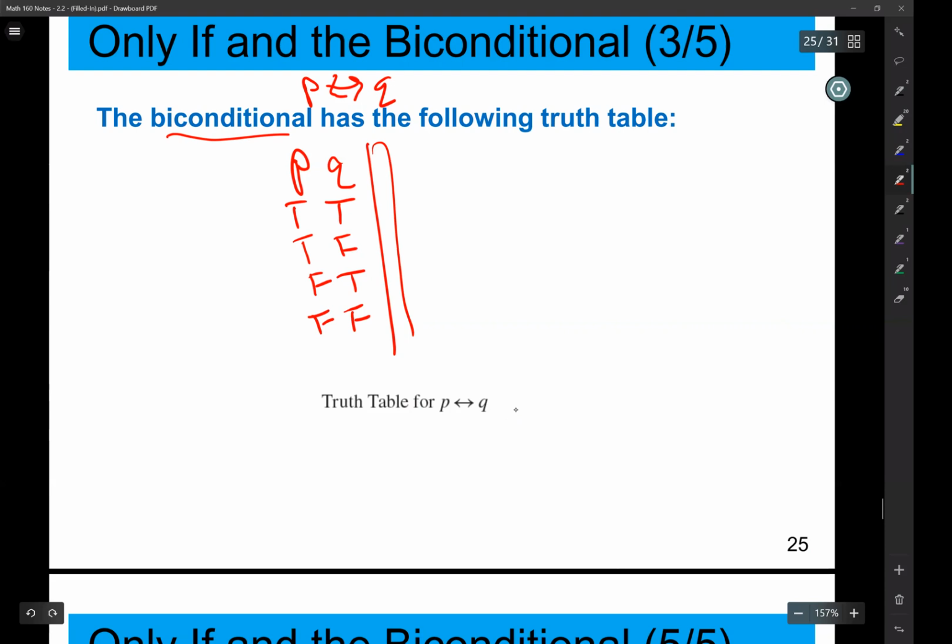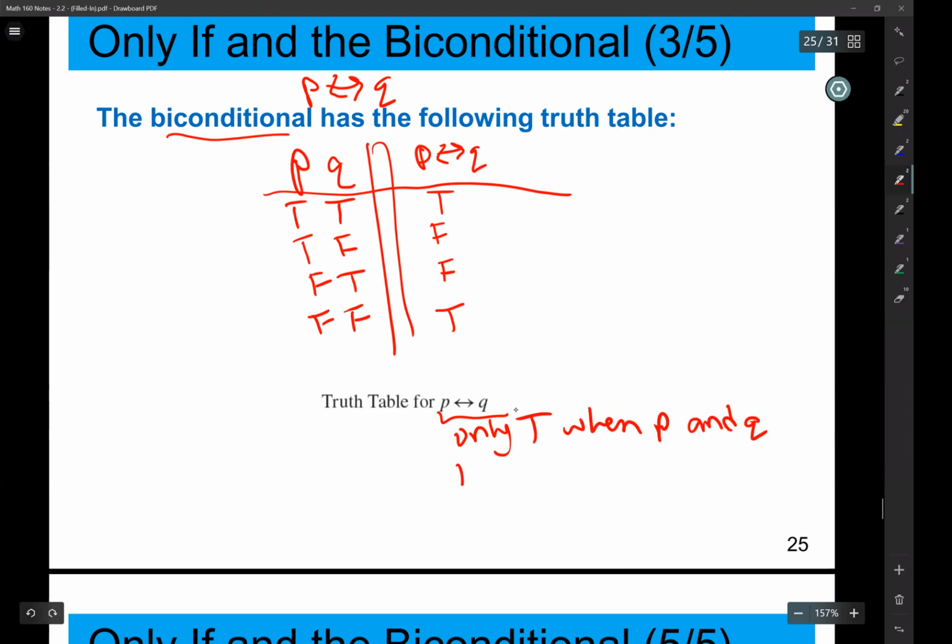And then we have the thing we care about: P if and only if Q. It's only true when both of them match exactly, so only true when P and Q have the same truth value.